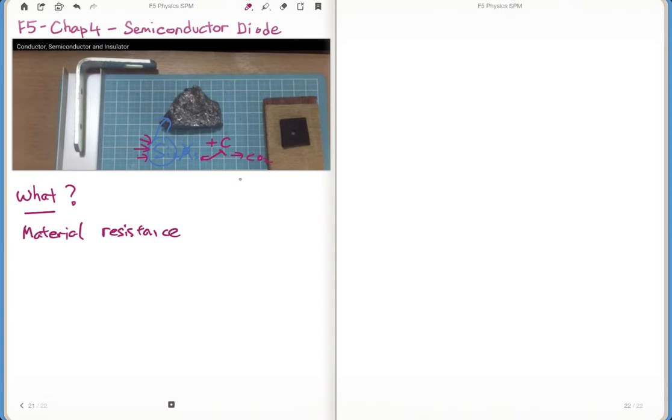Okay, so between conductor and insulator. That's what makes this material interesting.